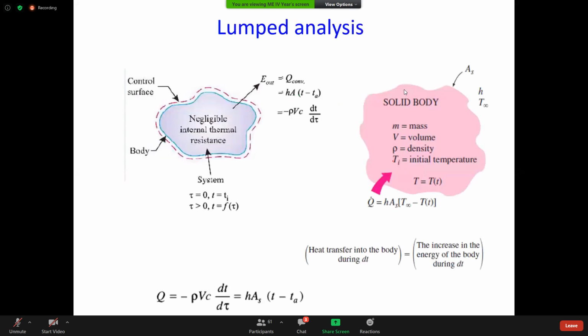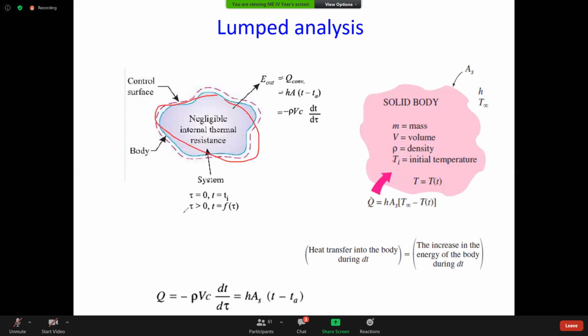Now let us see lumped analysis first, because this is the normal mathematical thing. These 2 figures are the same. Consider a solid body which is initially at temperature Ti.